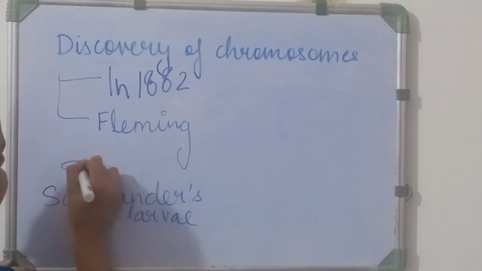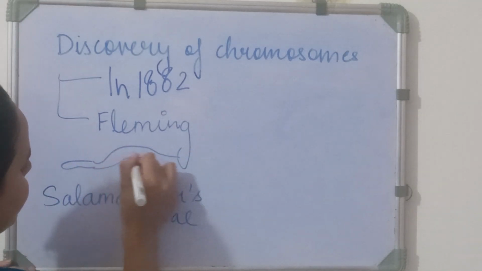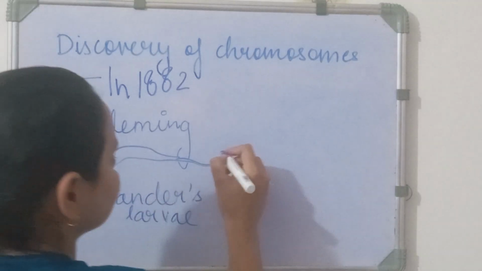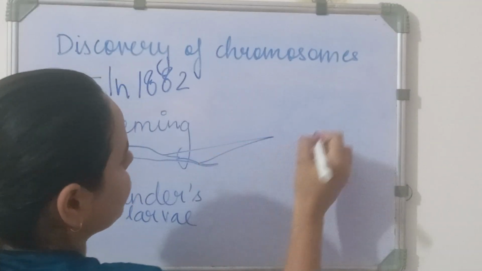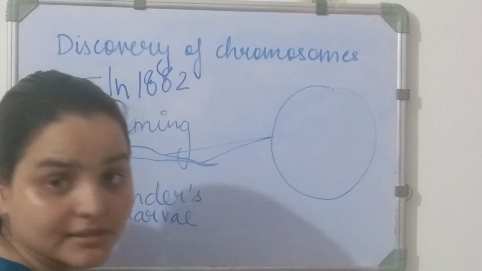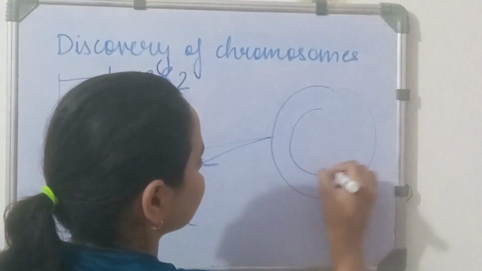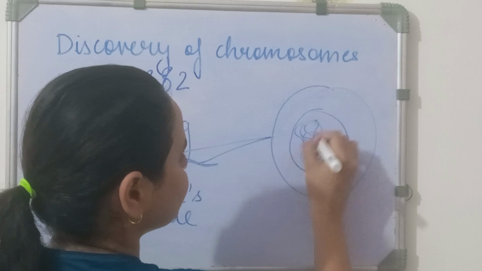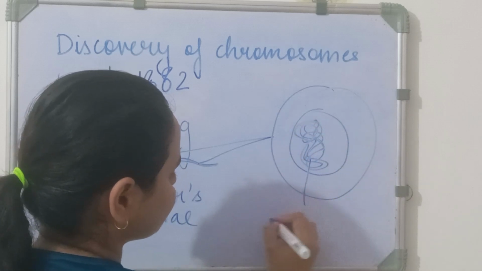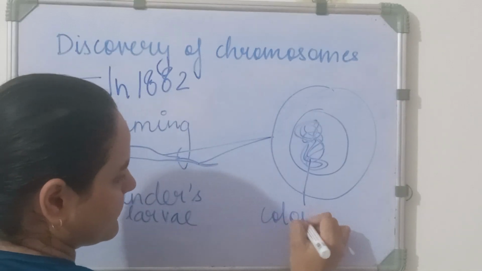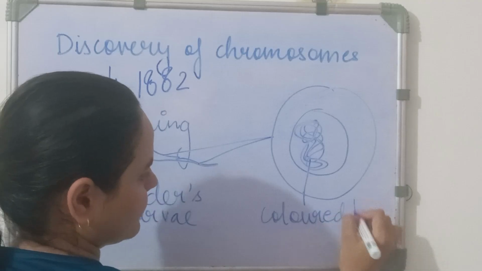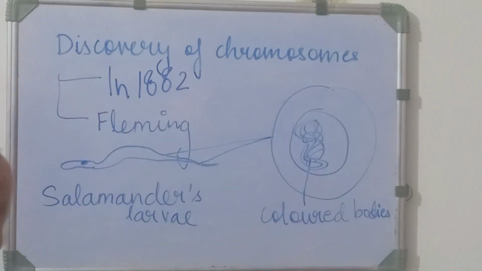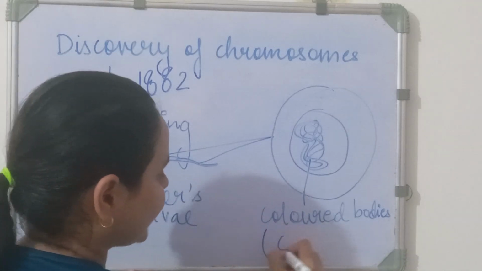Suppose this is a salamander's larva. He took its cells and observed them under the microscope. So what did he see? He saw some colored bodies, which were named chromatin.